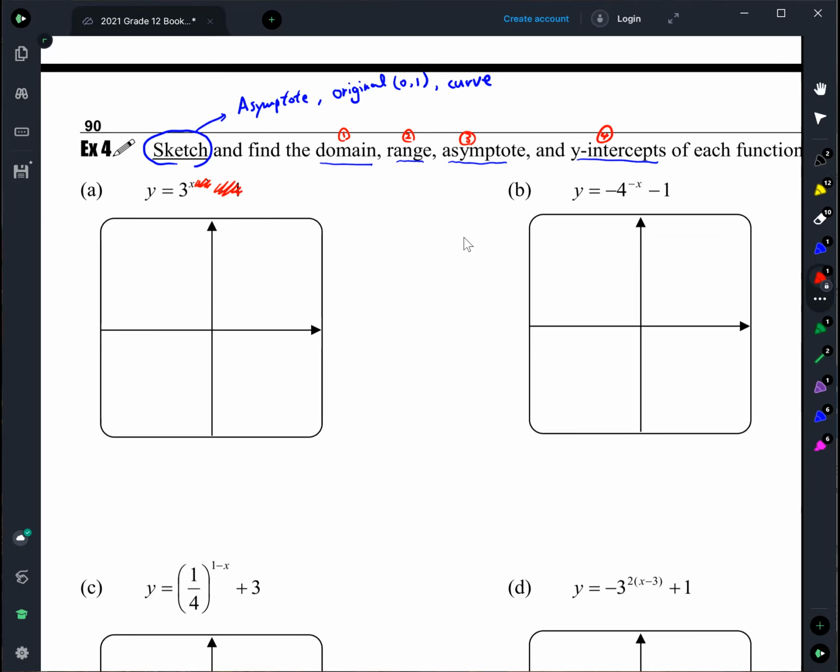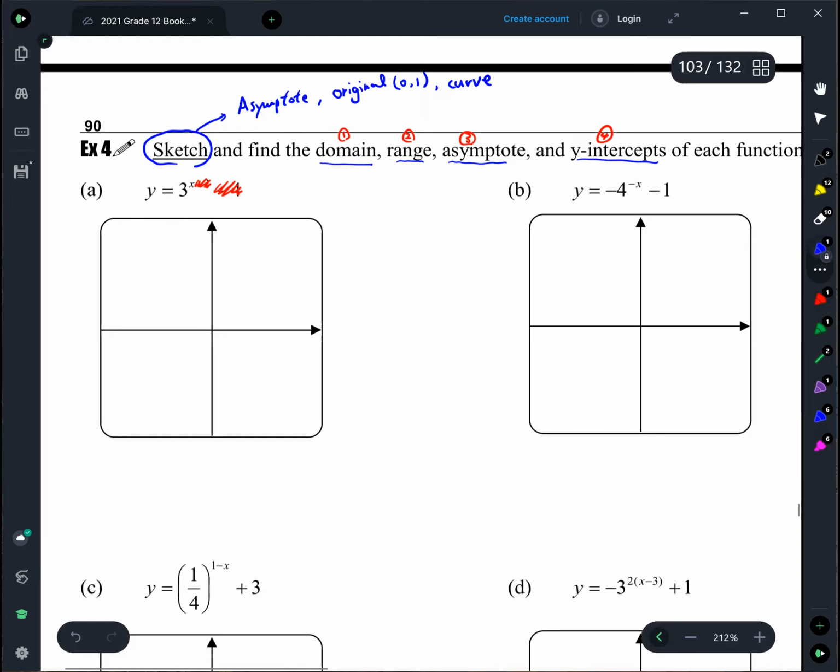Will that be increasing or decreasing, Susan? If you have a base of 3, increasing. Very good. So the first thing you need to do is identify whether the graph is increasing or decreasing, and we are going to write that out as well.